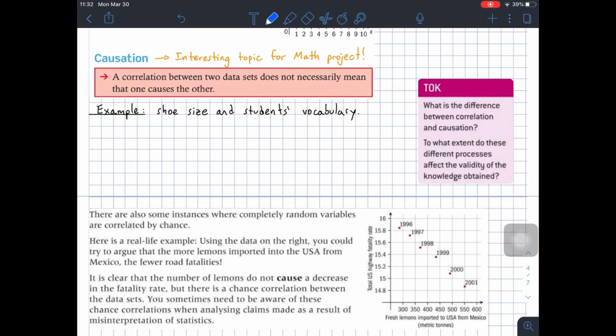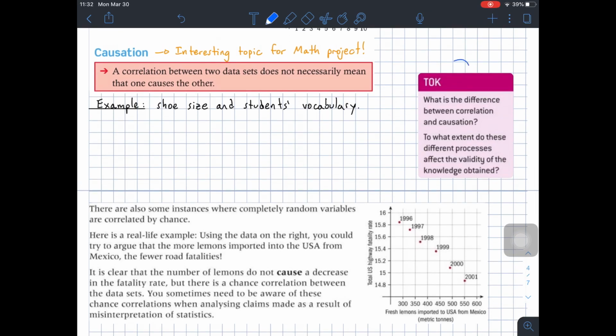They are correlated, right? They have a strong correlation. As shoe size increases, our vocabulary also increases. We can do a study about these two variables, and we will get a very strong correlation between them. But it doesn't mean that one causes the other. Not because I have a big shoe size, I will have a better vocabulary, right? There's no relation between the two variables.